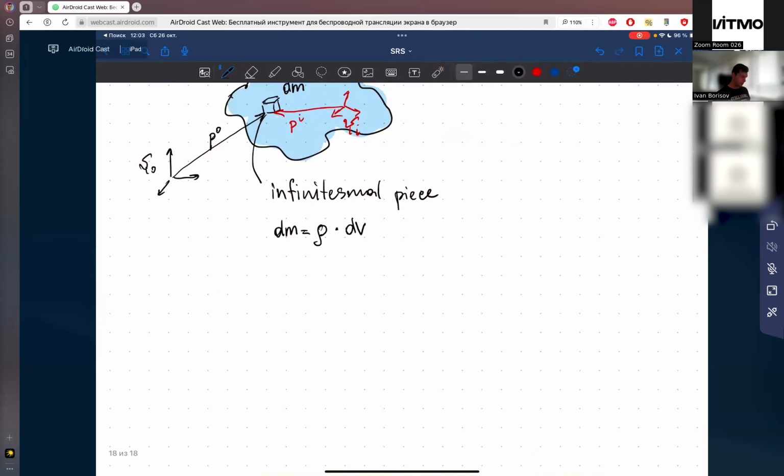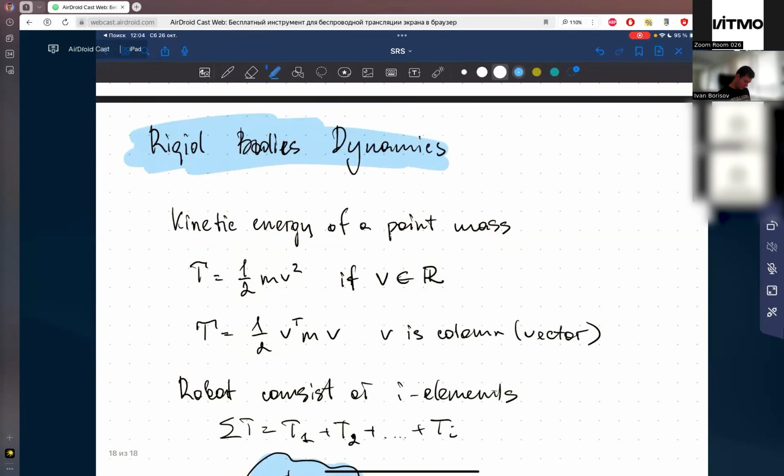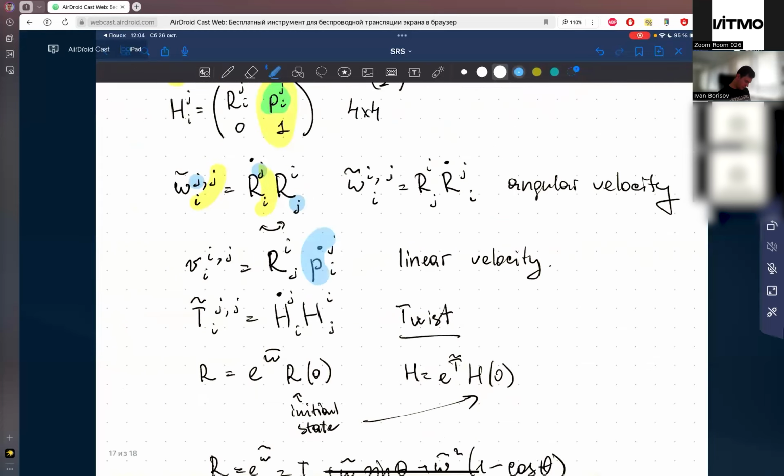And we can write the kinetic energy of this infinitesimal small volume dm. So the kinetic energy of this tiny piece will be 1/2 dm times velocity, and velocity here will be p dot. Here we do not need twist.